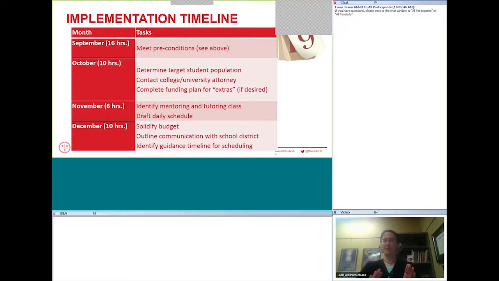Another thing, just moving down a little bit, is where is the greatest need at your university? I do not recommend asking for volunteers. I recommend putting it in the syllabus as a requirement so that we know students are out there. It doesn't even have to be an education class.